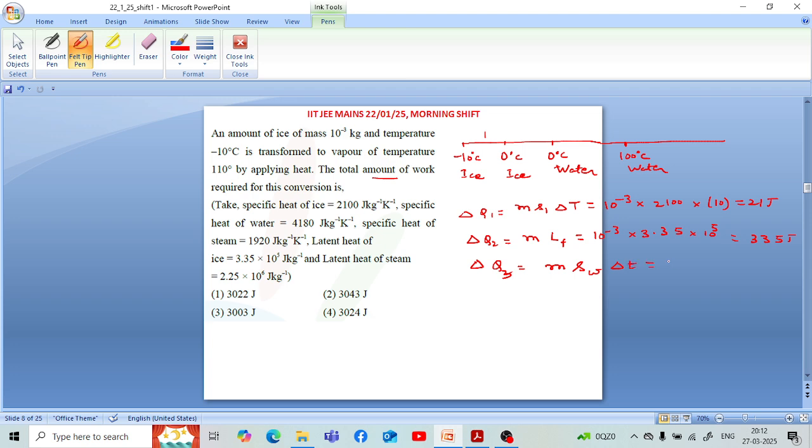The mass here is 10 raised to the power minus 3, and the specific heat of water is 4180, multiplied by the temperature change. The temperature change is from 0 degrees Celsius to 100 degrees Celsius, so it means 100. So putting all the values, we get this value as 418 joules. So this is delta Q3.